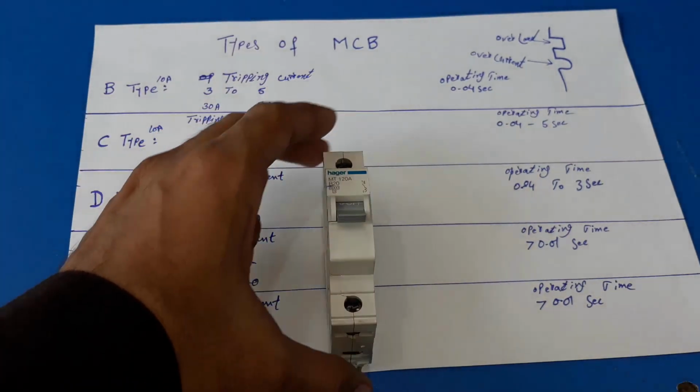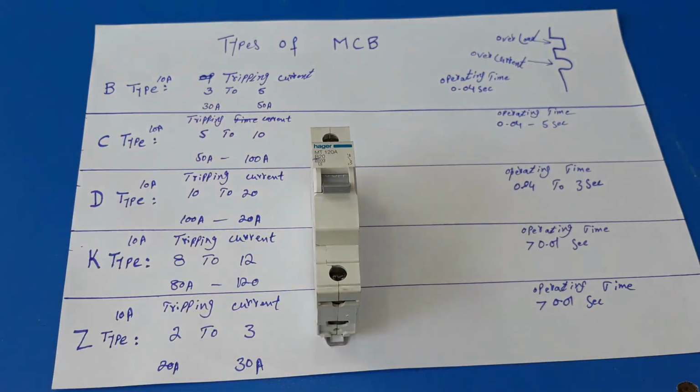This MCB has a current rating in kiloampere, and when your MCB is short circuited, that is called the kiloampere rating. Operating characteristics are B, C, D, Z, K curves. MCBs are available in the market from 0.5 ampere to 100 amperes. All MCB short circuit operating ratings are in kiloampere.